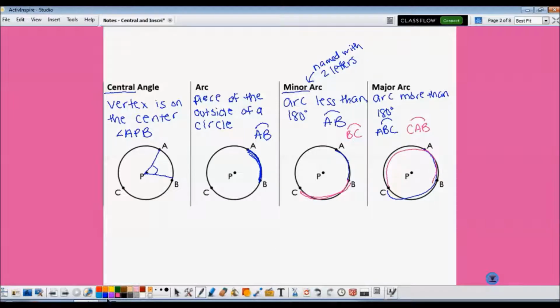And major arcs must be named with 3 letters. Because if we just said AC, then that would be going straight from A to C. When we say arc ABC, we know we have to go from A to B to C.